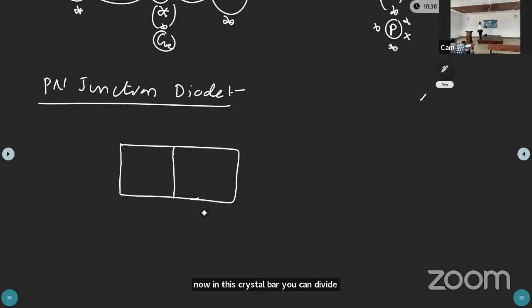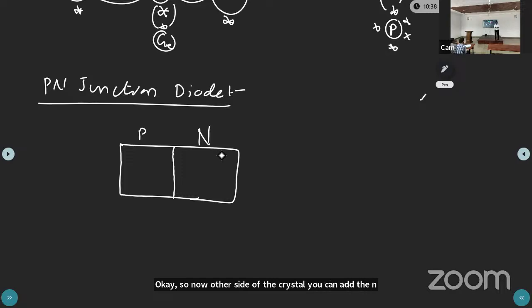On one side of the crystal bar, you add trivalent impurities, that is the P type. What is the crystal bar here? The pure semiconductor, that is germanium or silicon. On the other side, you add the N type, that is the pentavalent impurities.